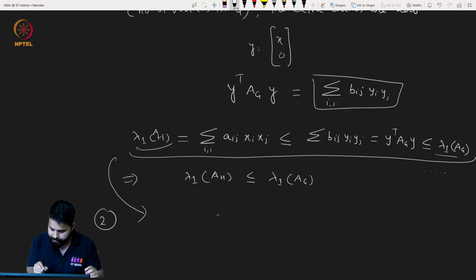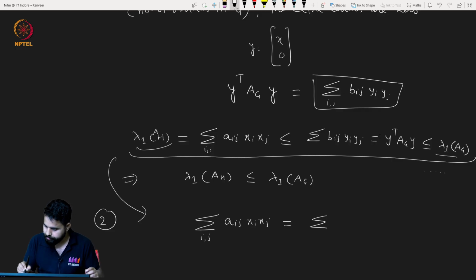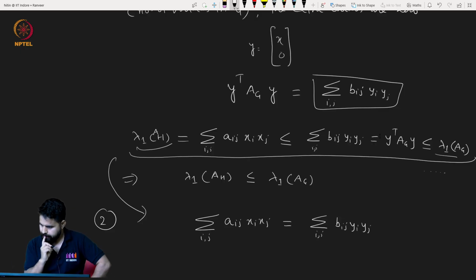Basically this means that the summation over a_ij x_i x_j, with i, j from 1 to m, is equal to the summation of b_ij y_i y_j, with i, j from 1 to n. And this is indeed equal to y transpose A_G y, which equals lambda 1 of A_G.